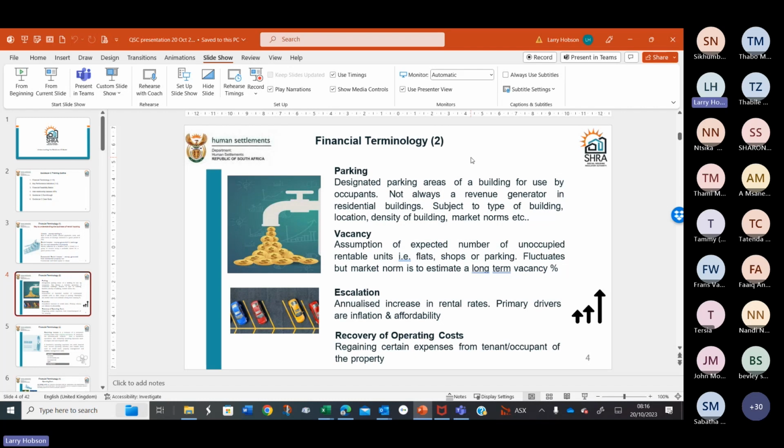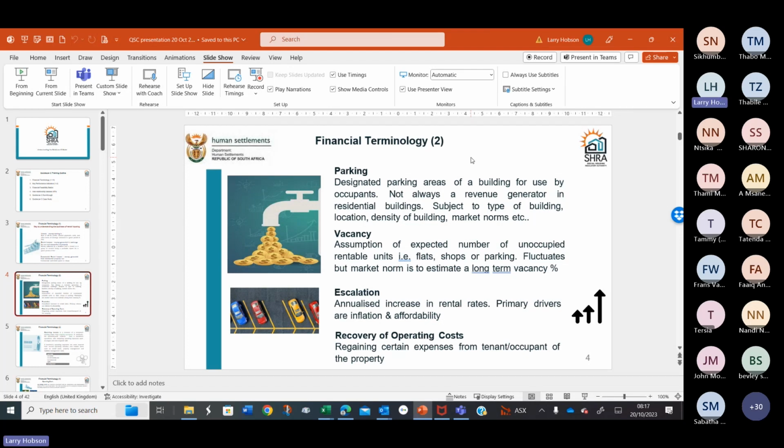Normally you find about a 0.5 to 0.7 ratio between parking units and accommodation units for these social housing developments. Obviously, space is limited, so you can't be creating huge parking lots.